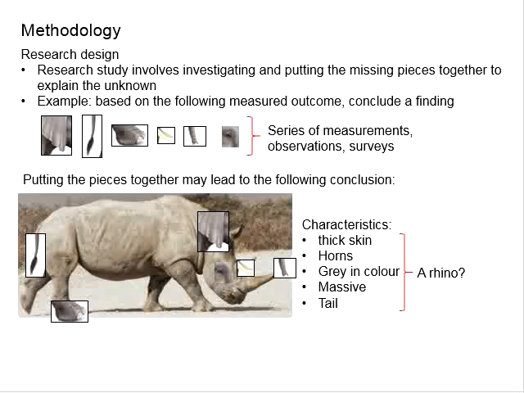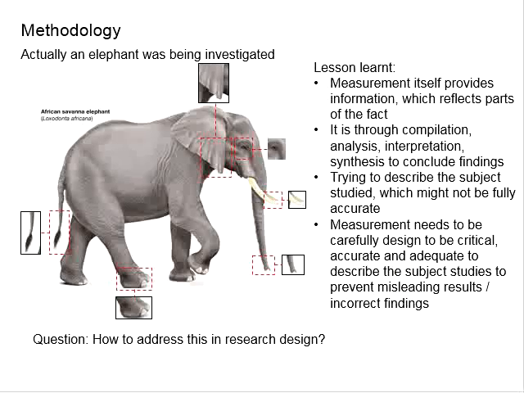And then later, with the development of the technology, as well as when the research community gains more understanding of the animal, they realize that it is actually an elephant. The parts that you are measuring, in fact, were actually the ears, the eyes, the horn, the trunk, the feet, and the tail, which is actually an elephant.